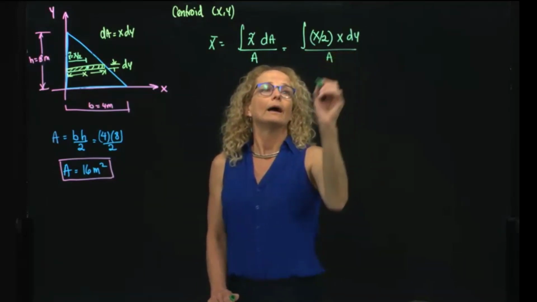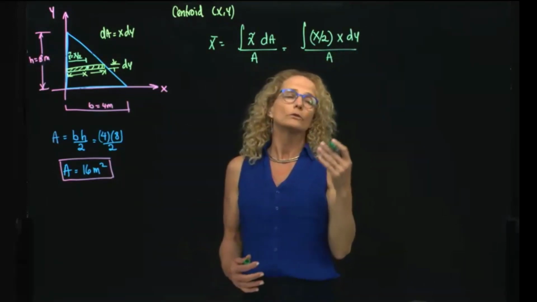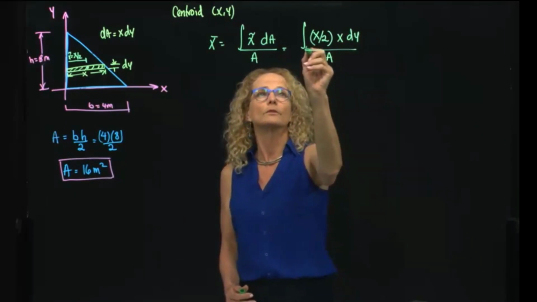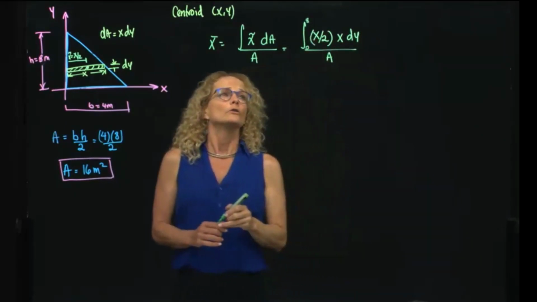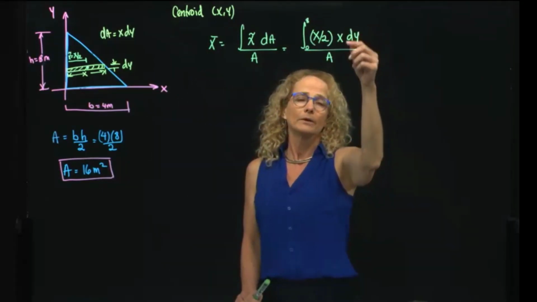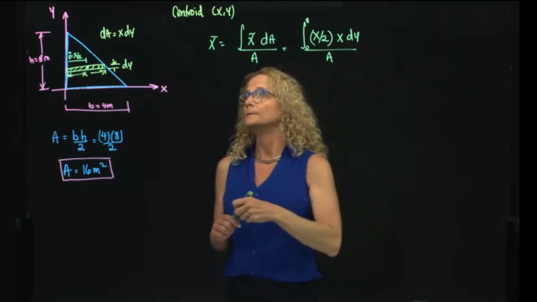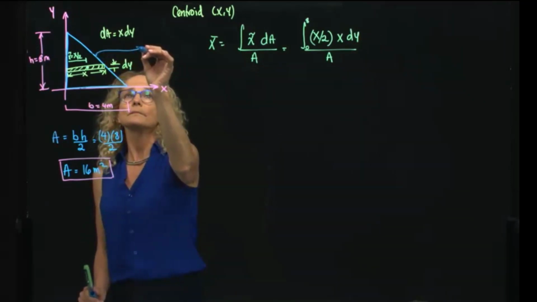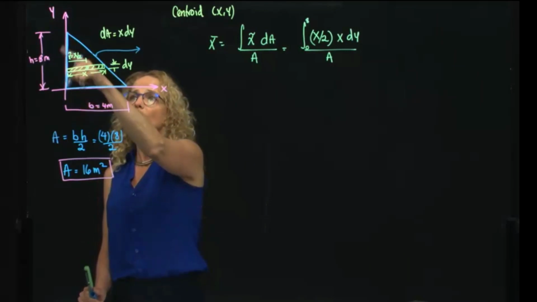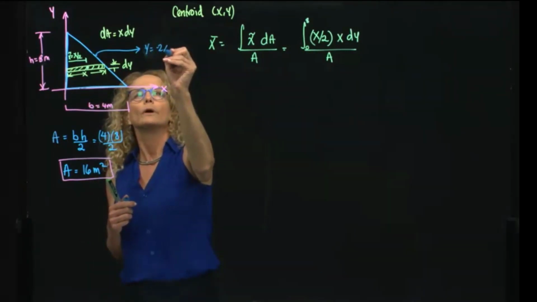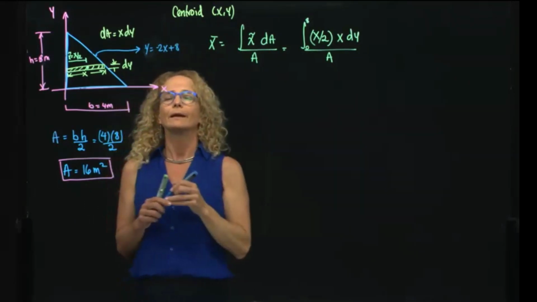The limits of integration correspond to the variable of integration. In this case, it's from 0 to 8. And we have to write x in terms of my variable of integration, which is y. We need the equation of this line, and you see that the slope will be y over x. y is equal to negative 2x plus 8.